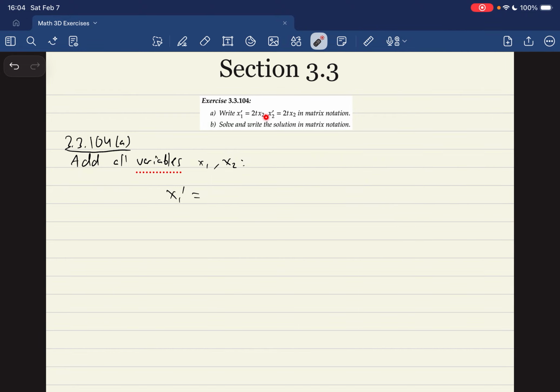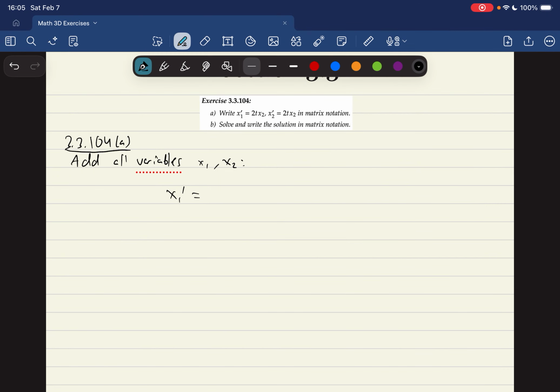So here in this first one, we can see that I'm missing the x1 terms. So what I'm going to do is artificially add them in by doing 0 times x1. And then I'm just going to add in the thing that we know is there, 2tx2.